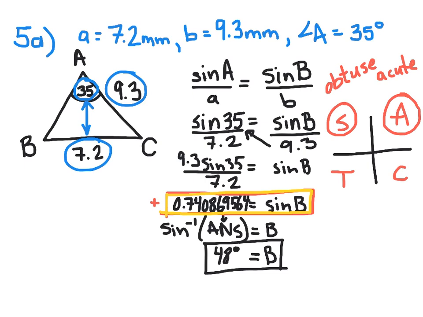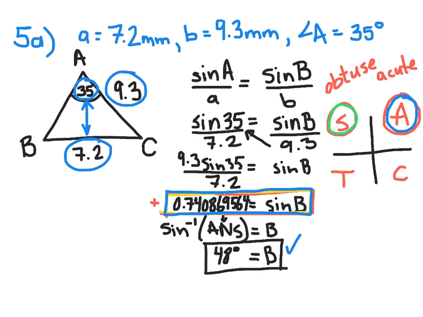So you actually have two answers, like in 5.4, for sine of B equal to a positive number. Now, is 48 one of the answers? Yes, 48 is the answer in quadrant number 1. How do you get the answer in quadrant number 2?